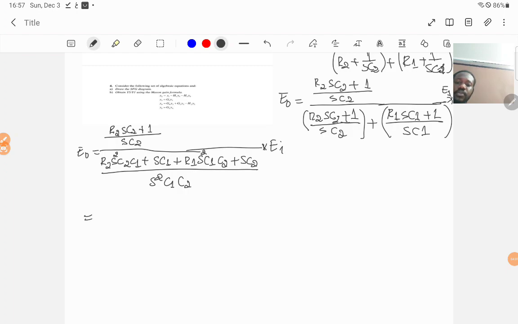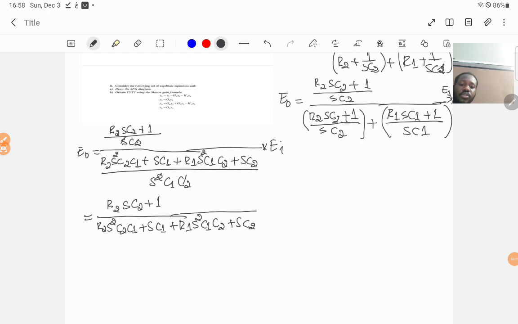So that's equal to, we will simplify those C2 and also the square one. So we'll have R2 SC2 plus 1 over R2 S square C2 C1 plus SC1 plus R1 S square C1 C2 plus S C2, multiplied by En, all over SC1.